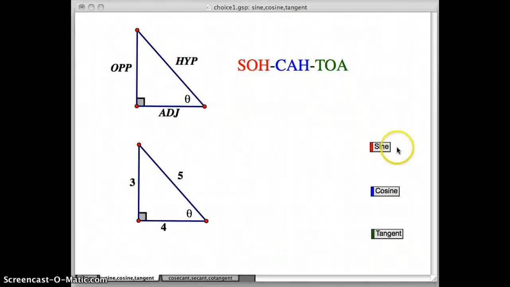The first three things I want to teach you about trigonometric functions are your sine function, your cosine function, and your tangent function.